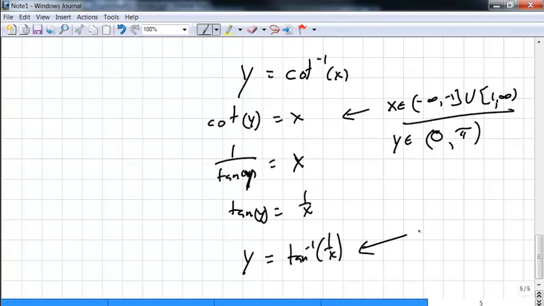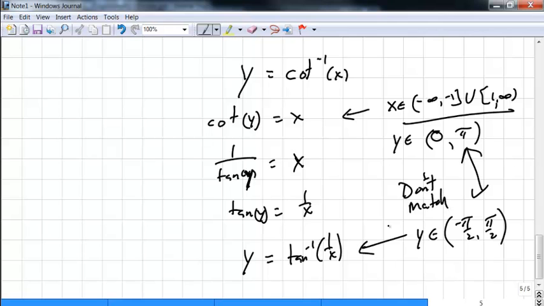Because for the inverse tangent of 1 over x, this y is between minus pi over 2 and pi over 2. See, these don't match. So, inverse cotangent of x is not the same thing as inverse tangent of 1 over x.